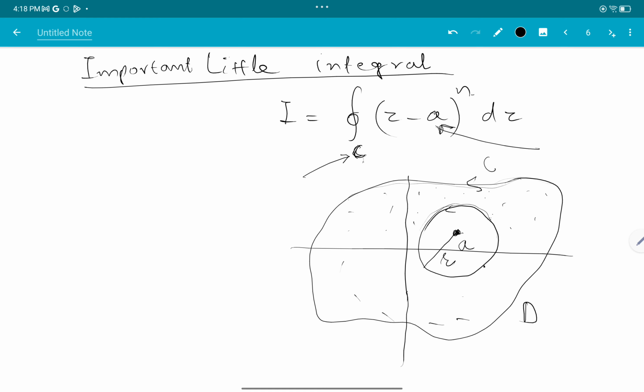We use a substitution. We put z minus a equal to r e raised to i theta. What is it? z is a complex number, a is a complex number. The difference of these complex numbers is a complex number. That complex number I have written as r e raised to i theta.